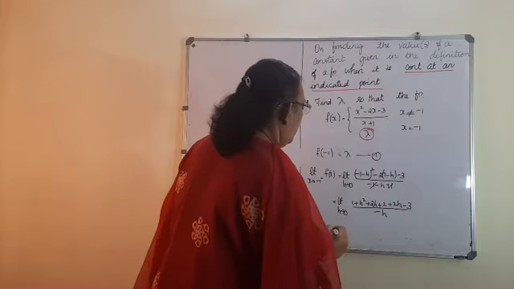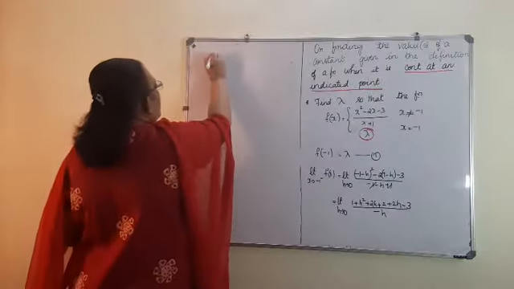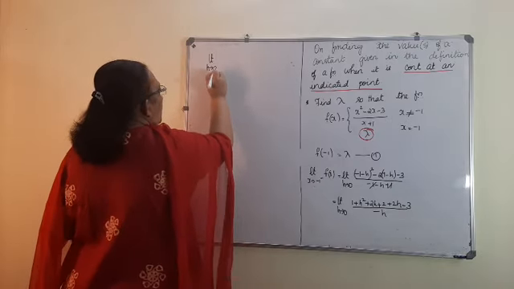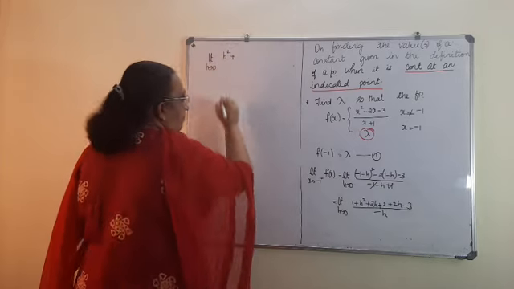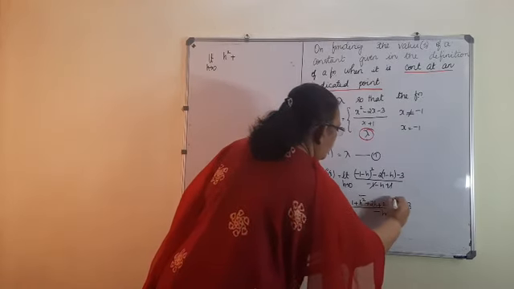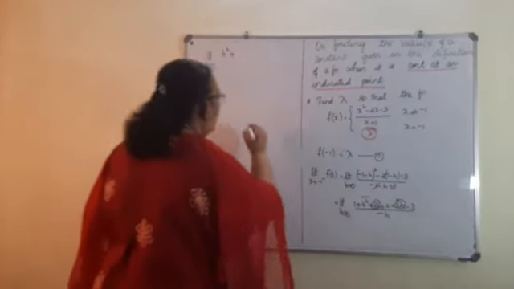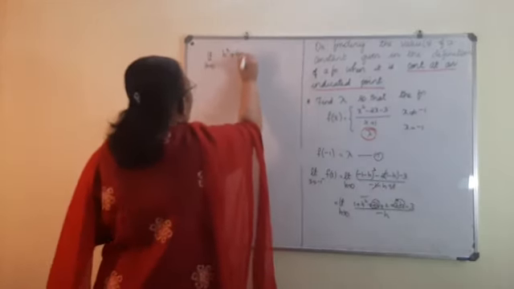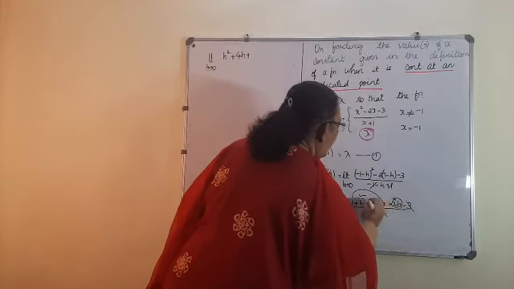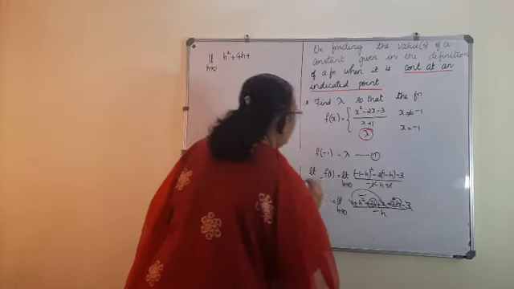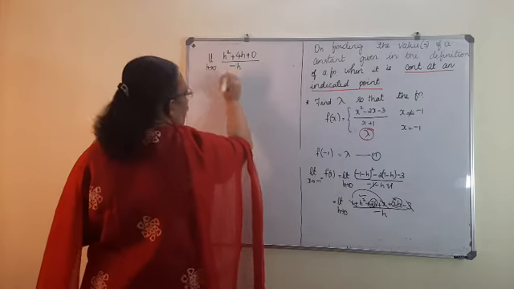Isn't it? Yes. That is equal to the limit h tending to 0 of h squared plus 2h plus 2h is 4h, plus 1 plus 2 is 3, minus 3 cancel, divided by minus h.